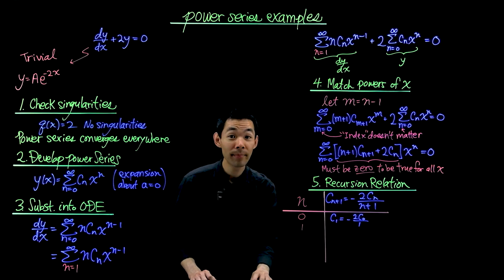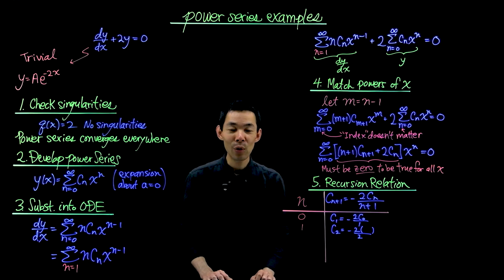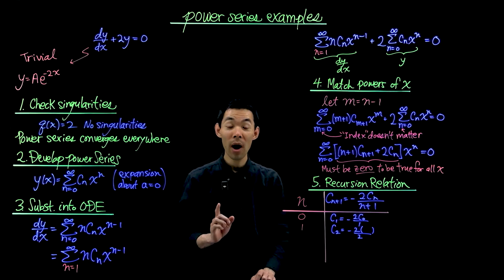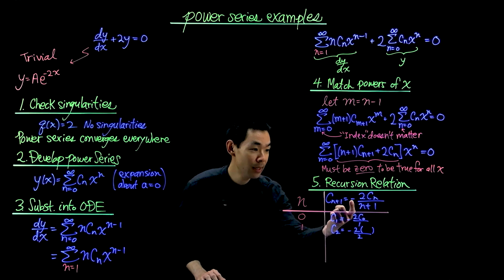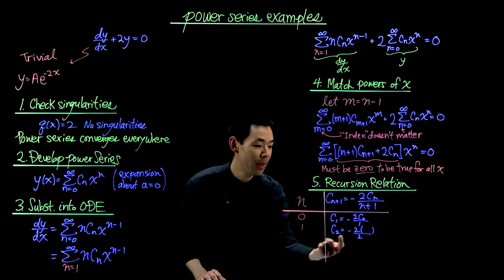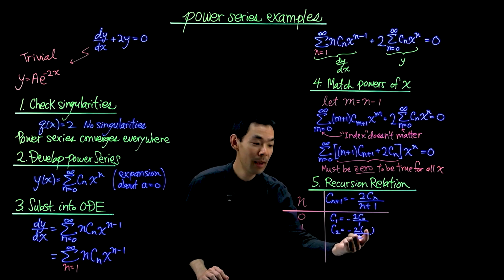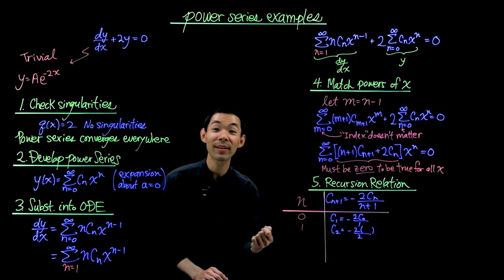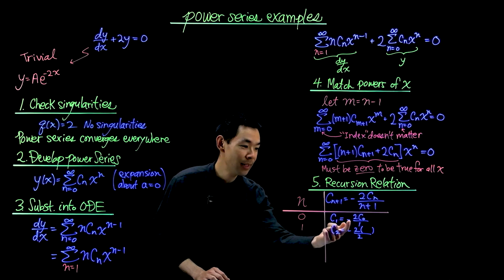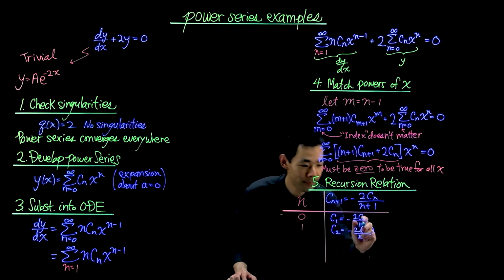N equal to 1. Now we get c2. So we get c2 in terms of now c1. So c2 is going to be equal to negative 2 on top times c1, which would appear inside this parenthesis, divided by 1 plus 1, which is 2. Now, inside the parenthesis, it's c1, but we already know what c1 is from the previous entry of the table. c1 is just negative 2 c0 divided by 1.